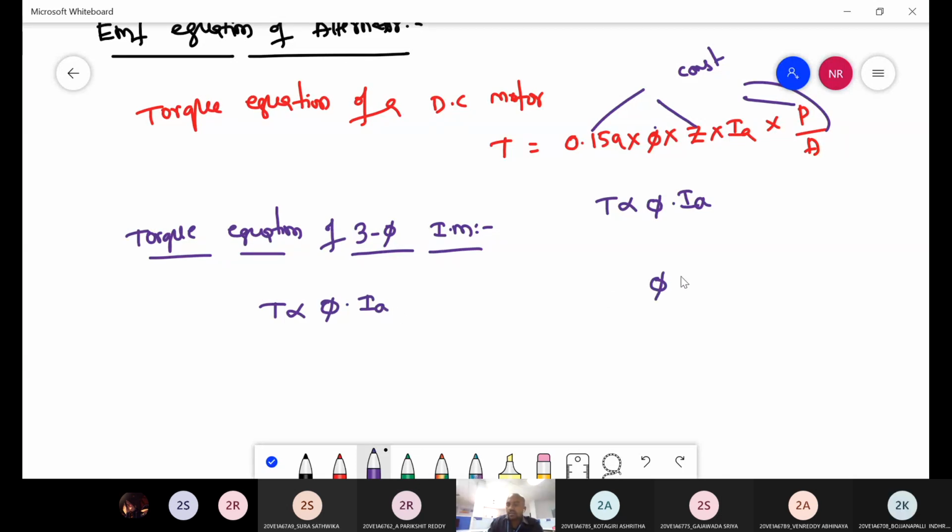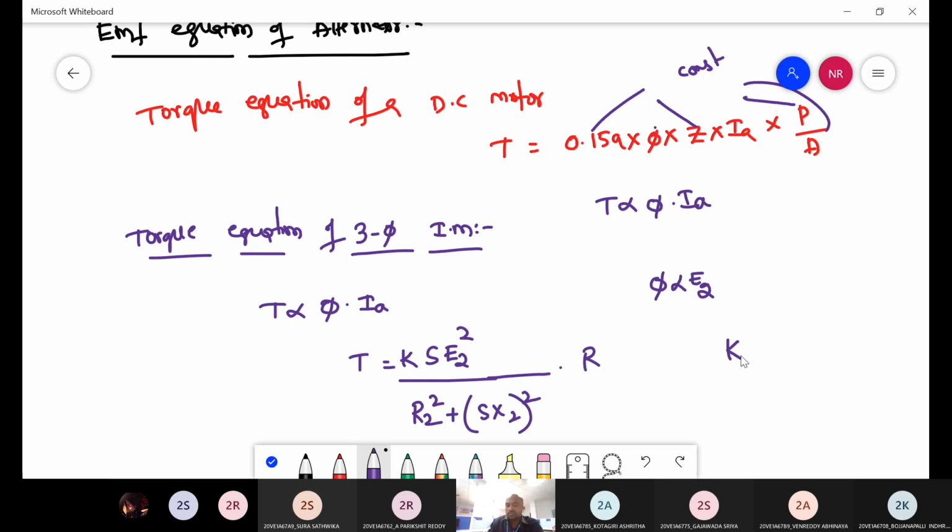Here flux is directly proportional to EB, or EB means in that armature, here we call it E2. So from that we derive the equation: torque is equal to some constant K into S into E2 square by R2 square plus S into X2 whole square, into R2.